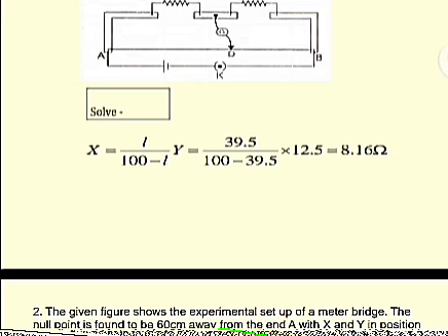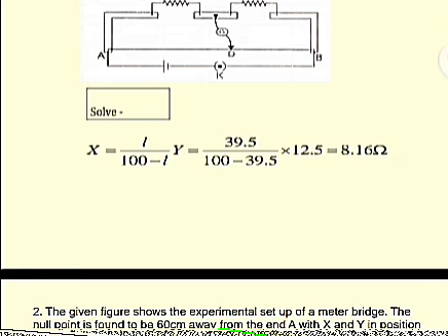First, we apply the balancing condition for the Wheatstone bridge, that is X upon Y is equal to L upon 100 minus L. When X and Y are connected in the circuit, then X upon Y is equal to 60 upon 40, that is equal to 3 upon 2, so 2X is equal to 3Y.